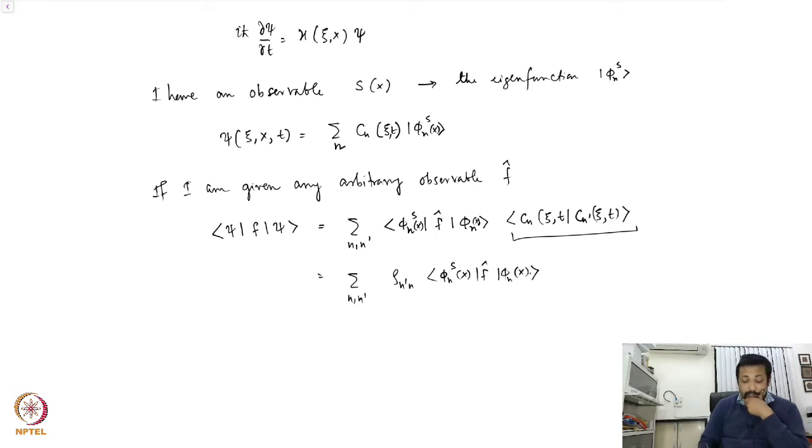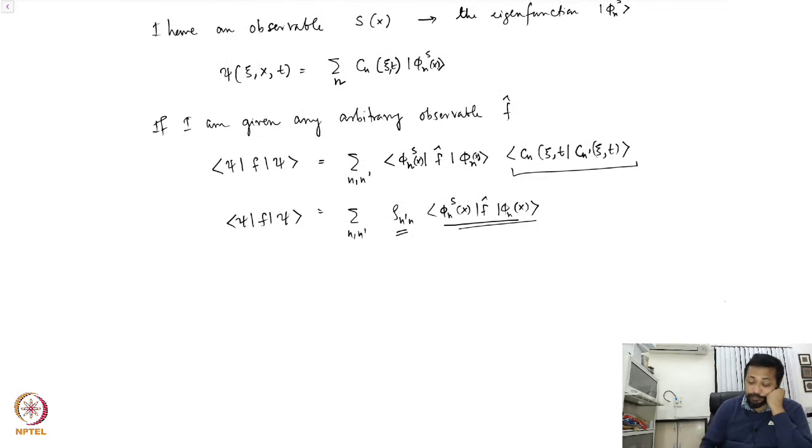So you see that in this average ⟨ψ|f|ψ⟩, this average of the observable f, essentially I have the same statistical expression that I started off with: this is my quantum mechanical average and this is the probability with which I find the wave function.